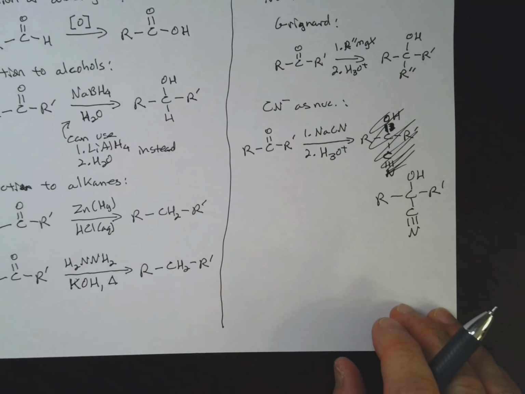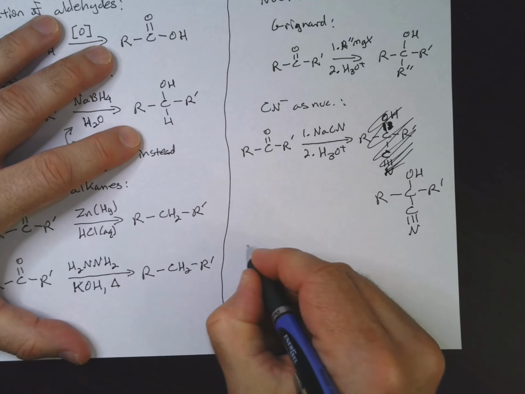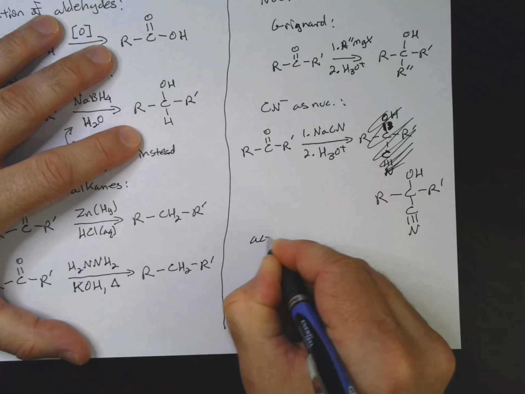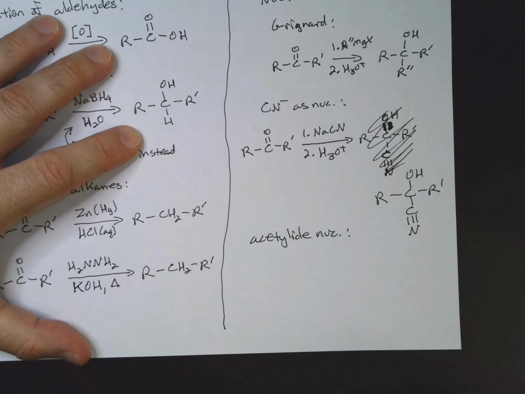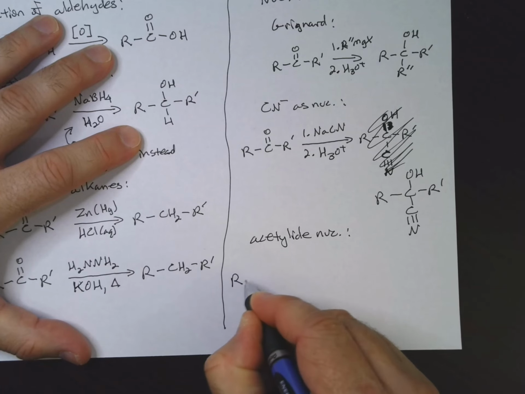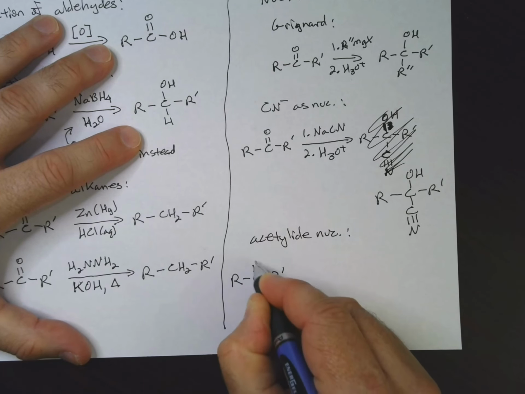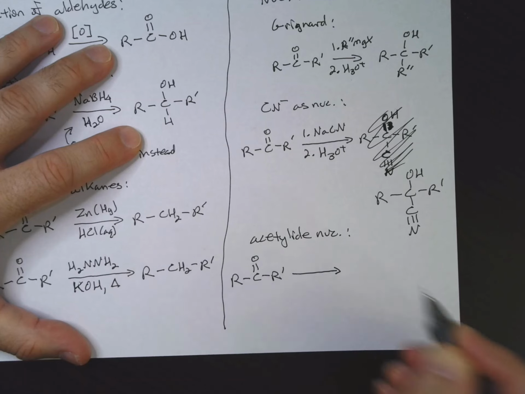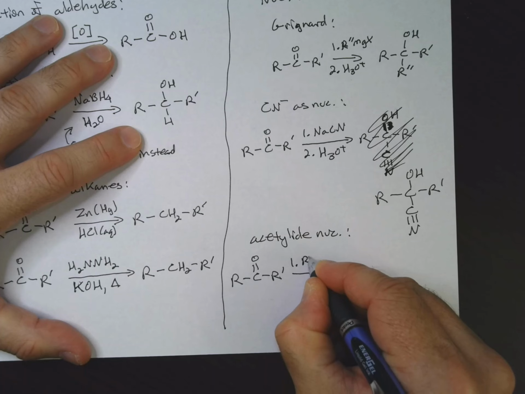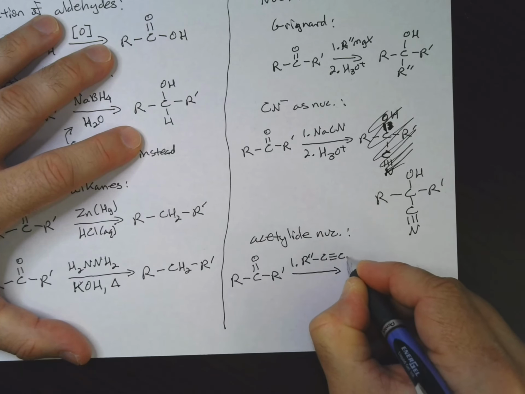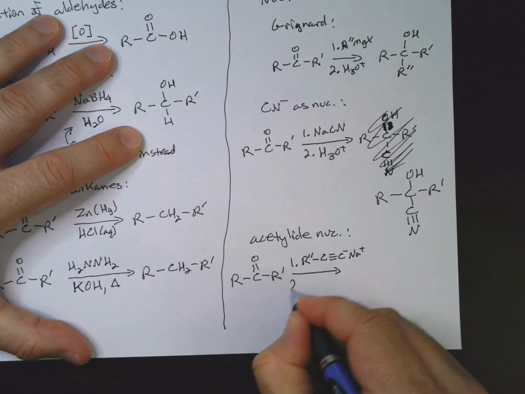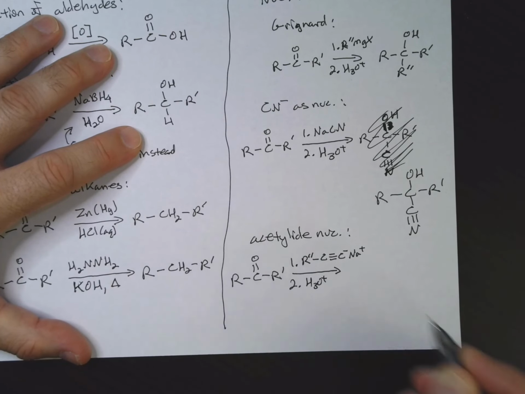And then the last one that we've seen would be acetylides as nucleophiles. So I could have my R, C, R prime, double bond O, and then I would treat this with R double prime, C triple bond C, minus Na plus, then H3O plus.